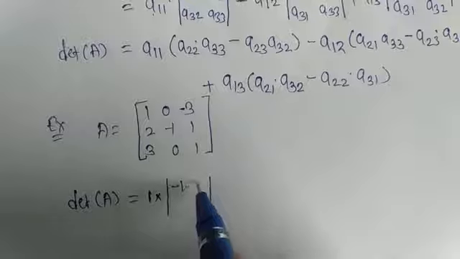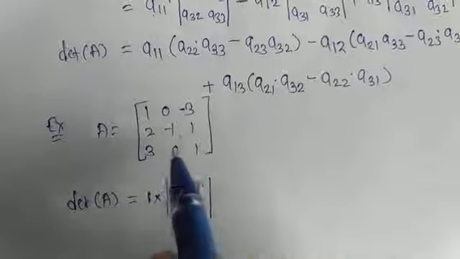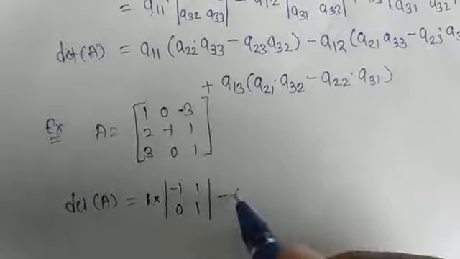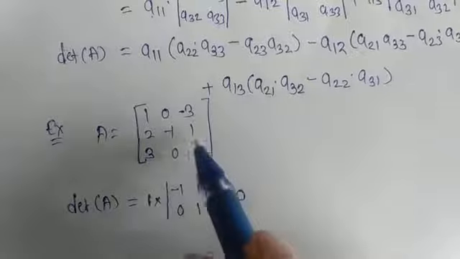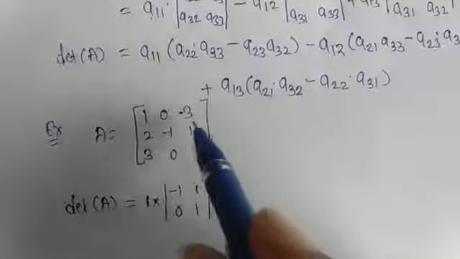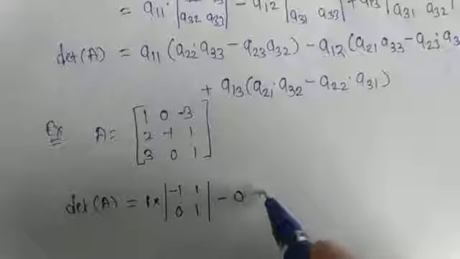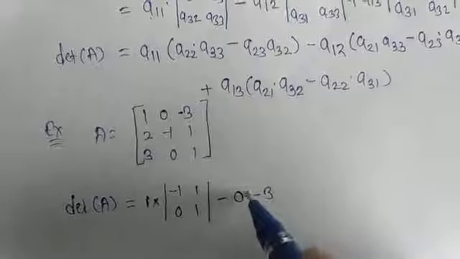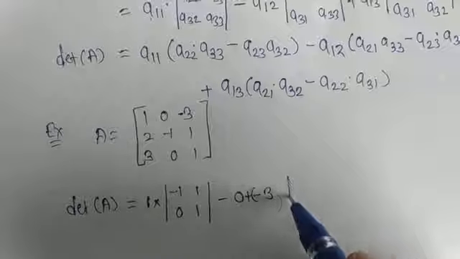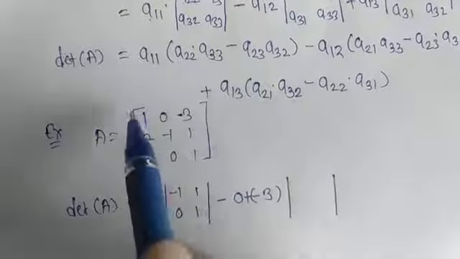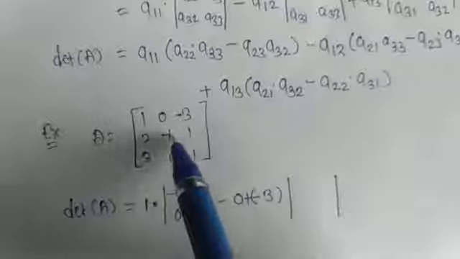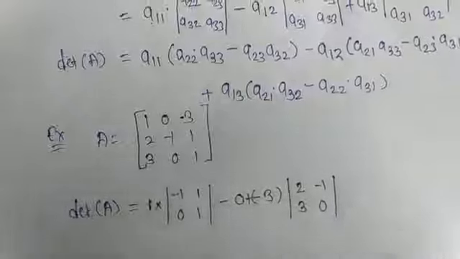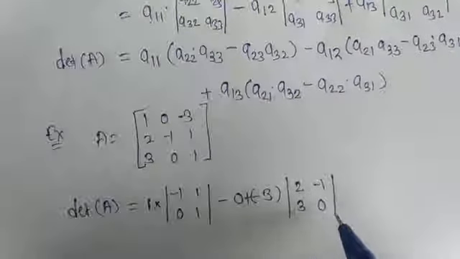The second term has 0, and 0 into anything is 0, so it is not necessary to calculate it. Plus minus 3 into the determinant of 2, minus 1, 3, 0, after deleting the first row and last column.